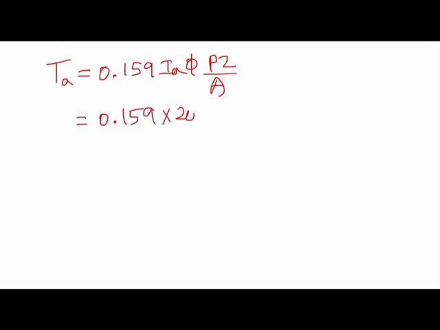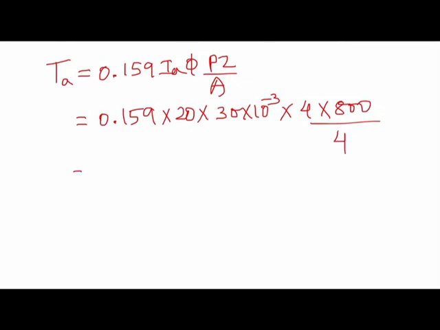We know the formula: TA is equal to 0.159 into IA into flux into P into Z divided by A. By using this equation we can directly calculate the torque developed. 0.159, IA we have calculated as 20 amps, flux is 30 into 10 power minus 3, number of poles is 4, number of conductors is 800, divided by the number of parallel paths, which, since it is lap connected, equals P, that is 4.